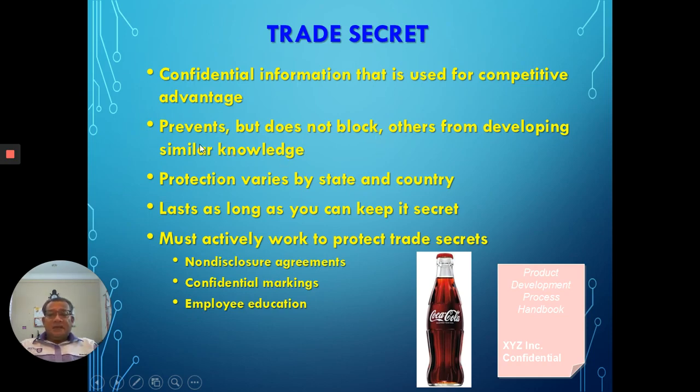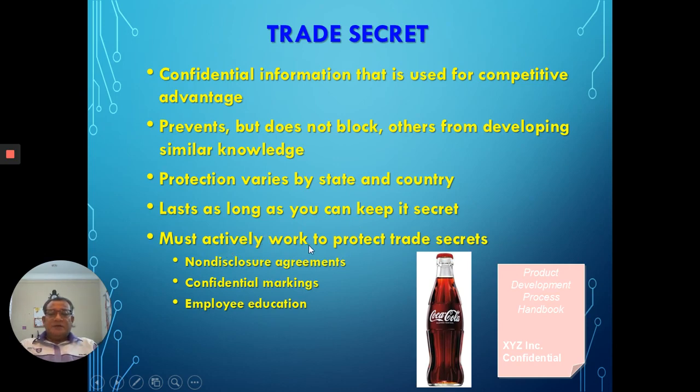At least it may be able to preserve the right of the first or pioneering producer of that secret recipe and formulation for the sake of the company. Protection is actually provided by either the country, the government, or the state government, and it can last as long as 20 years.